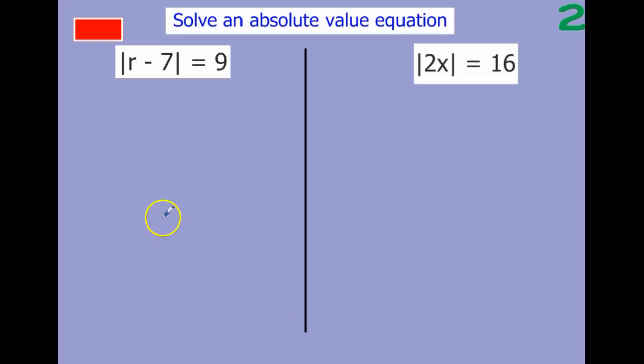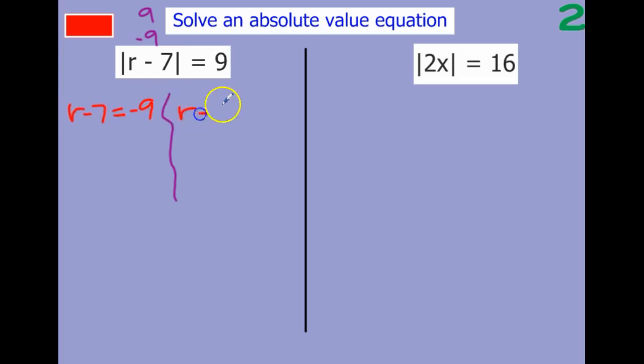Let's try another one. We need to figure out what can we plug in here to get it equal to 9. Well, whatever's in here could be equal to -9 or it could be equal to a positive 9. So I'm going to write two equations, one with a negative and one equal to a positive. So I would have r minus 7 equal to a -9 and r minus 7 equal to a positive 9.